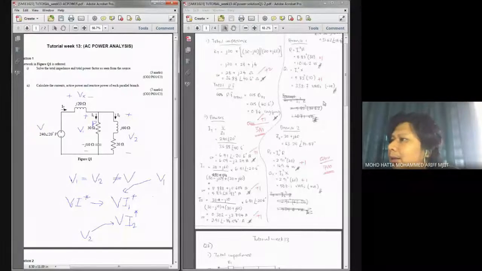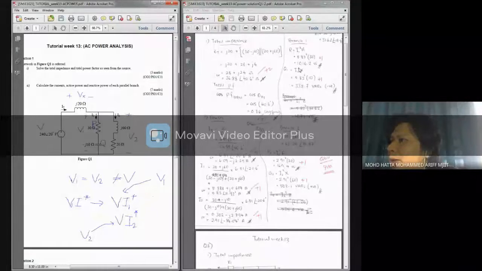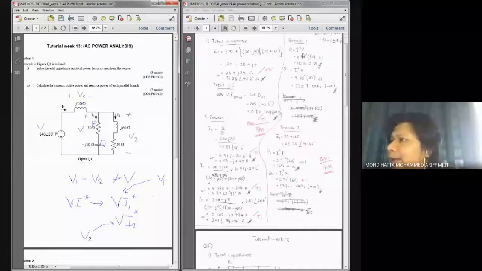And to get the reactive power due to this component, I have I1 squared times X. If you use this equation, make sure that I over here is the RMS value of the current. According to the calculation that I have earlier for I1, I have a magnitude of 5.82.